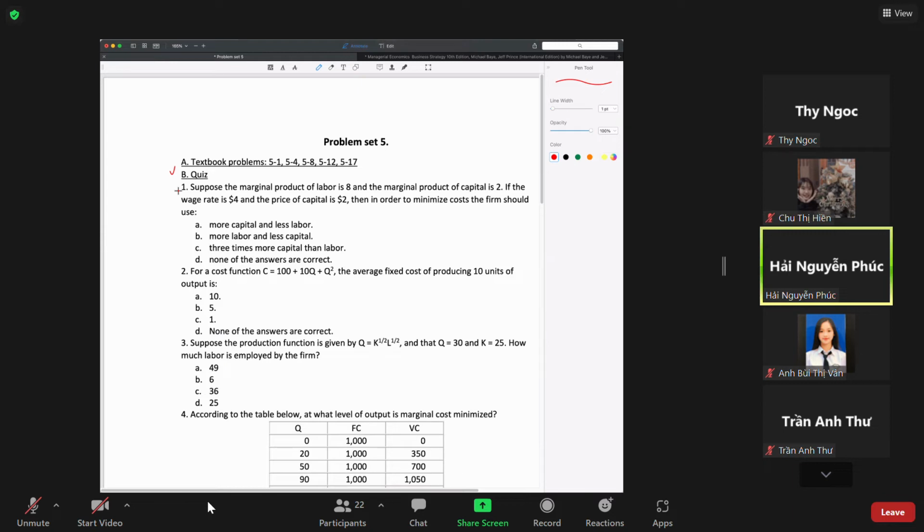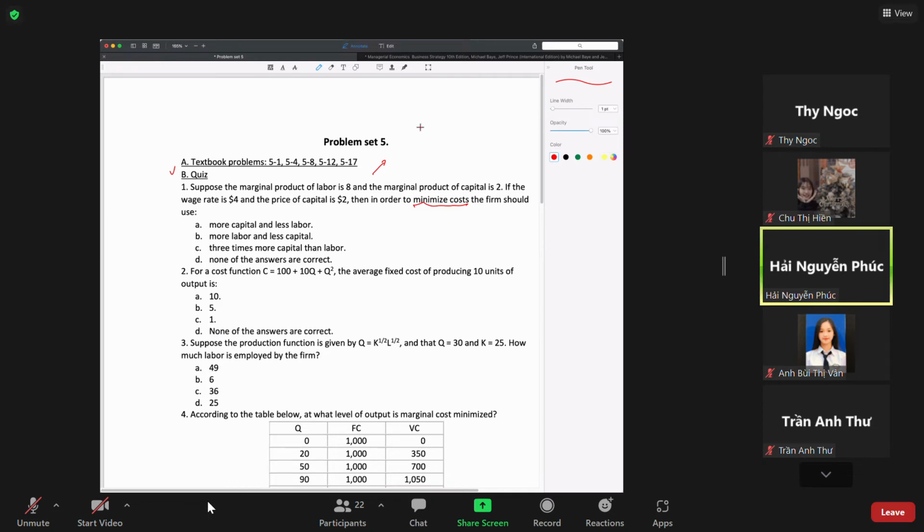Let me give you a hint. In order to answer this question, we should use the following rule. If we want to minimize the cost, then the marginal product of labor per dollar spent should be equal to the marginal product of capital per dollar spent.